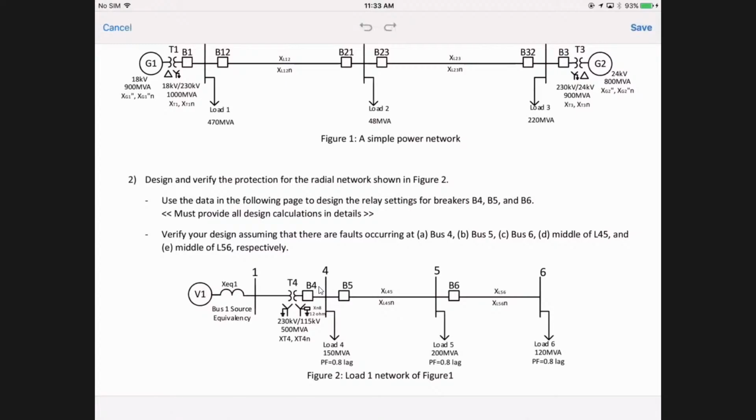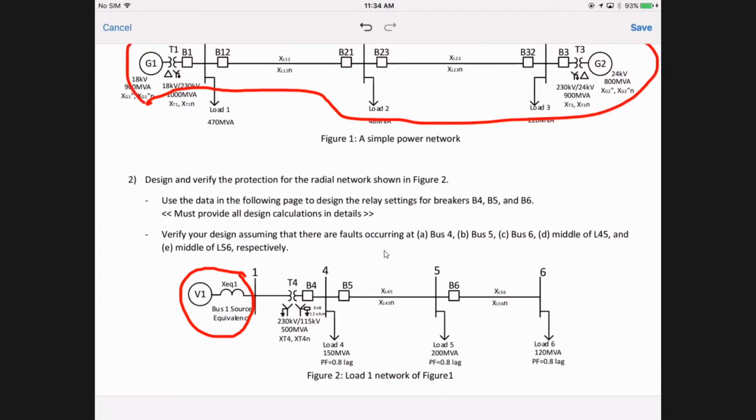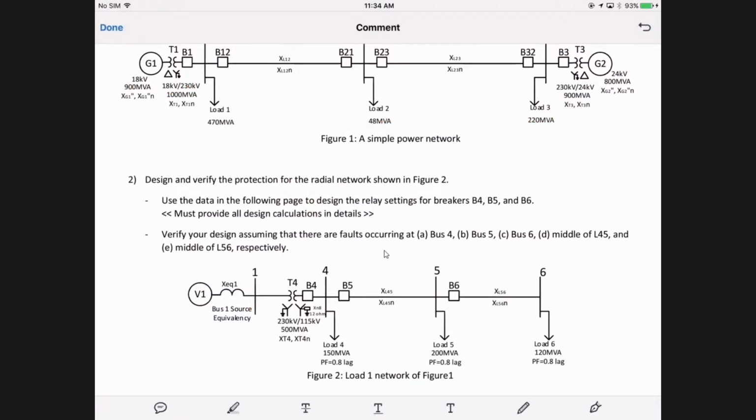So we put the equivalent circuit with an equivalent impedance and equivalent source to represent everything except for this load. This load is this load. It's a radial system. A radial system is defined as one source, and it taps off to different loads.